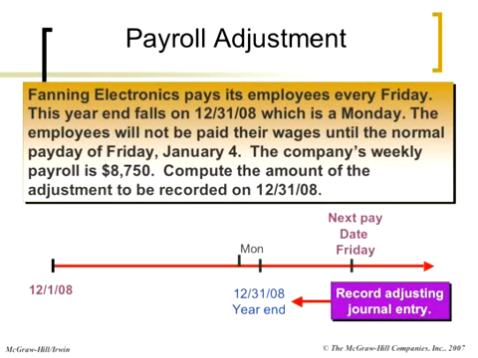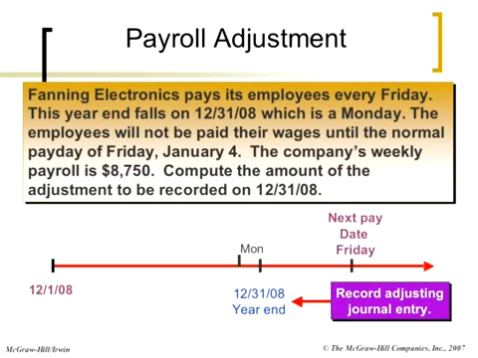Part 2. Here is a schematic of the dates. We need to record an adjusting entry on December 31st, 2008 to recognize the salaries earned by employees but not paid. Let's look at the adjusting entry. We need to accrue for 1/5 or $1,750 of wages due to employees for the 1 day of work that took place during the fiscal year ended 12/31/08.